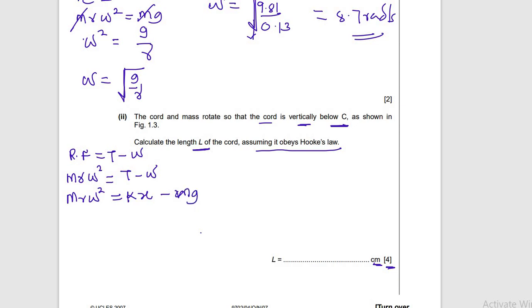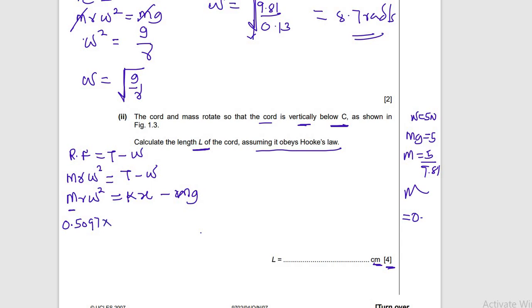Now let's analyze it. What's the mass? We are given the weight to be 5 Newton, so mg is 5 Newton. So mass is 5 over 9.81, which is 0.5097.